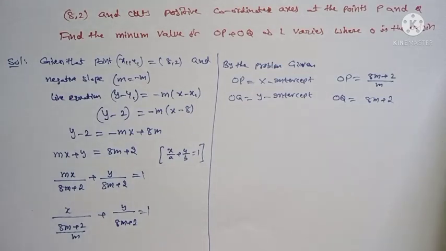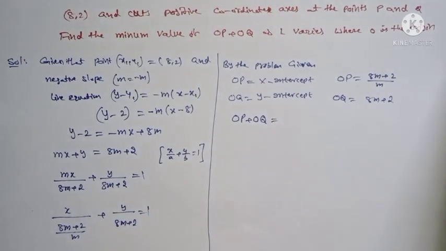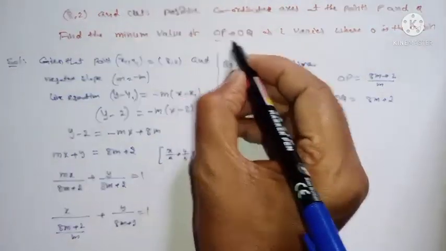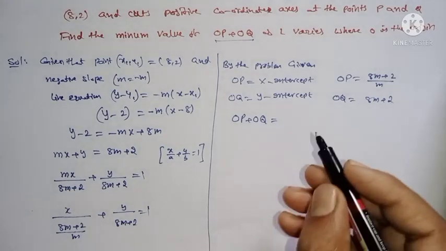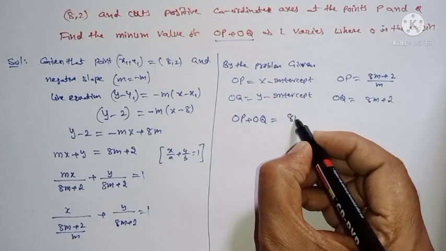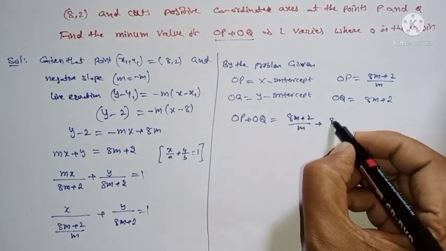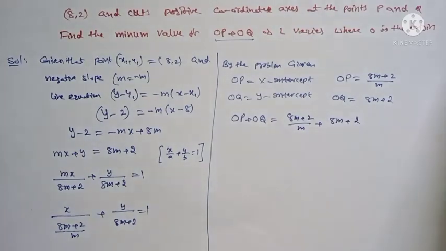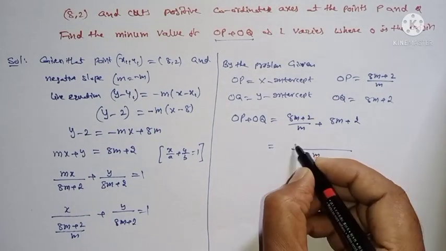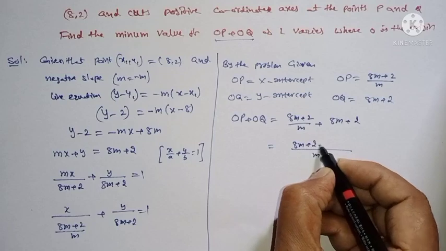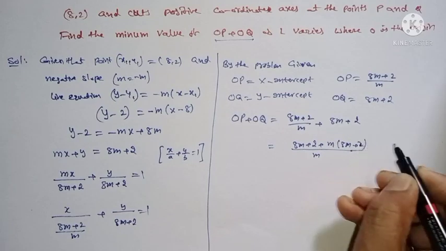Let's find the OP plus OQ value. What is the OP value? It is (8m plus 2) by m. OQ is nothing but 8m plus 2. Clear? Again I take the LCM, m, as it is: 8m plus 2 plus m times (8m plus 2).